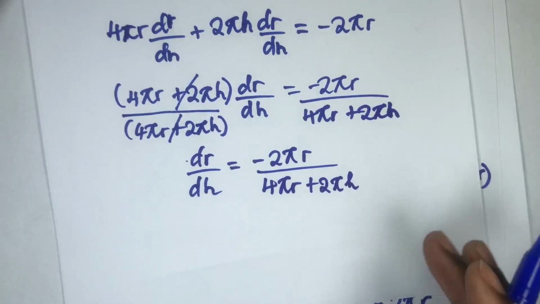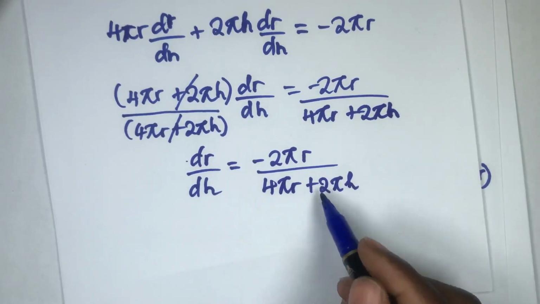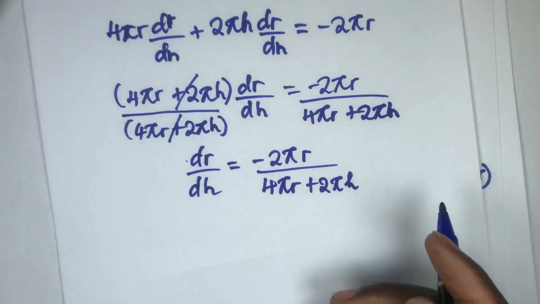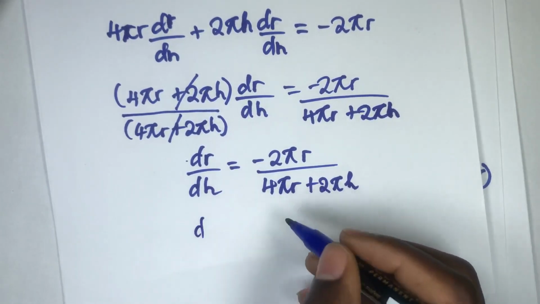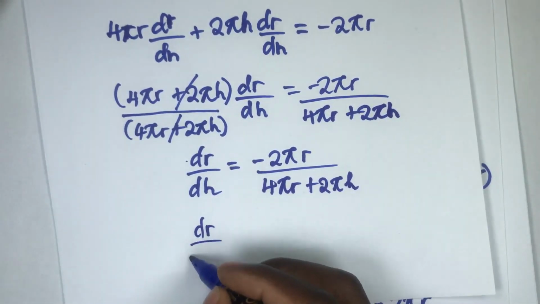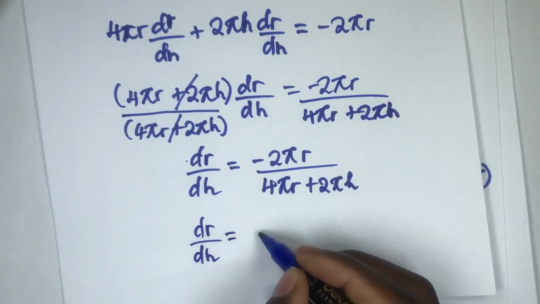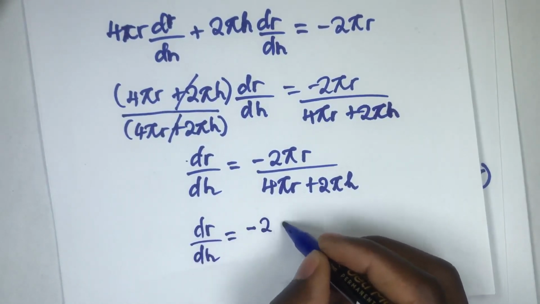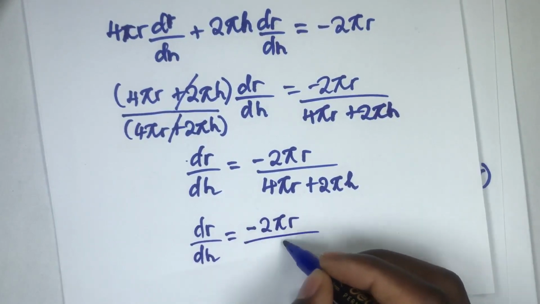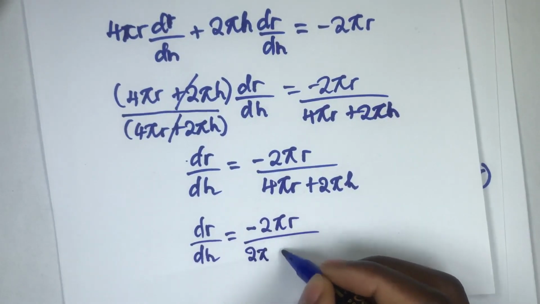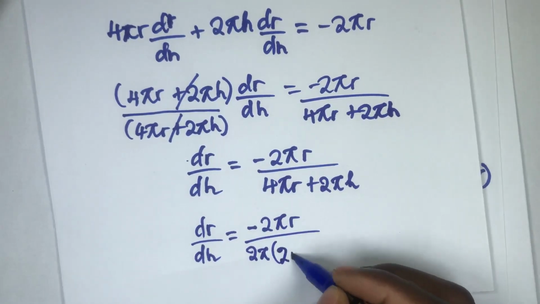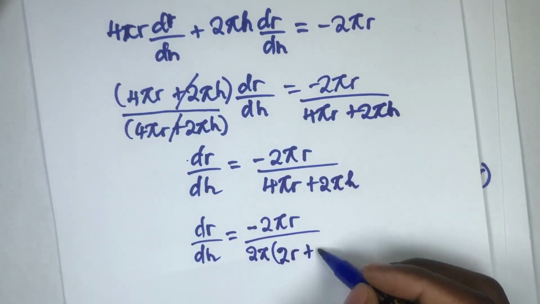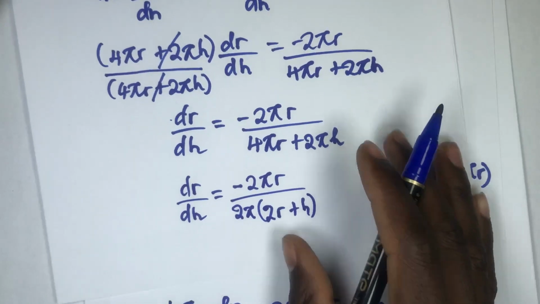Now when you look at all these terms, they've got something in common that we can factor out. If we factor out the 2 pi, we have dr/dh equal to negative 2 pi r over 2 pi times, and what remains here is 2r plus h.